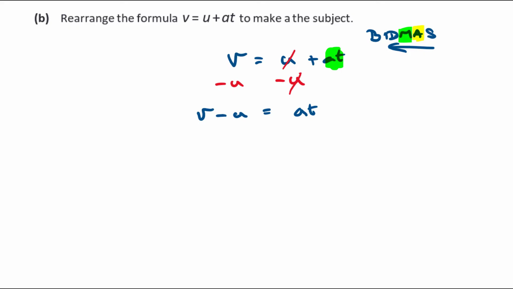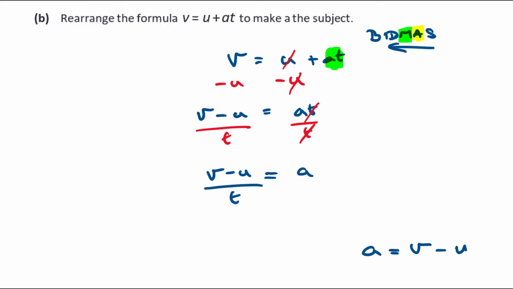The opposite of multiplying is dividing, so I'm going to divide both sides by t to get a by itself. Those t's are going to cancel out, leaving me with a, and I'm going to get v minus u divided by t. Okay, just going to spin it around, so a is at the start of the formula. So a equals v minus u over t.